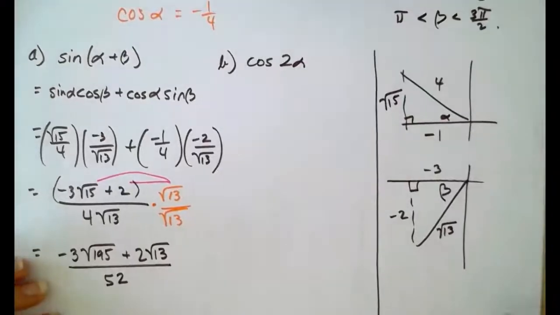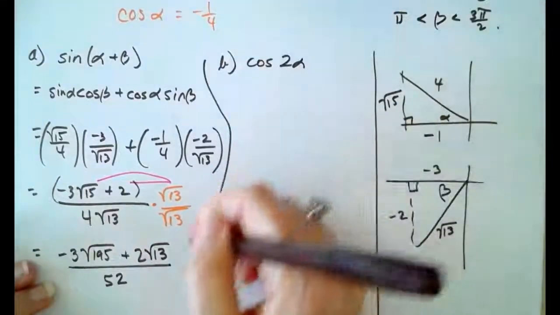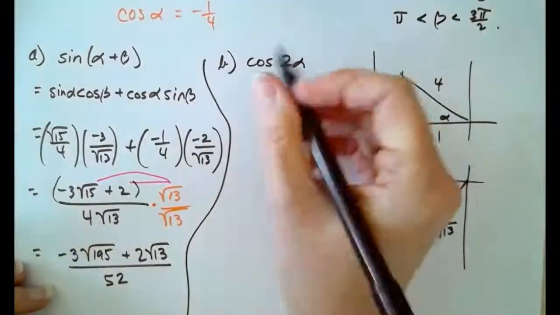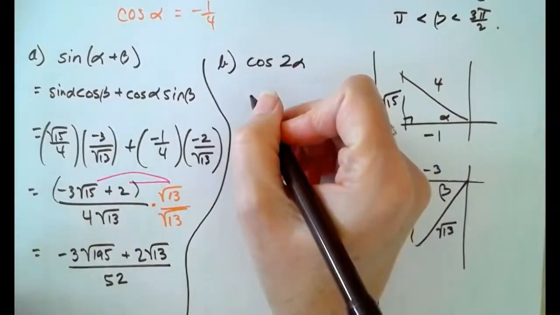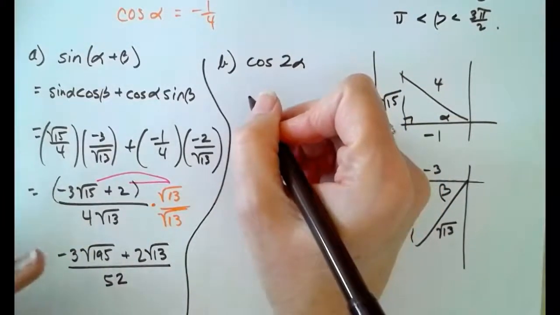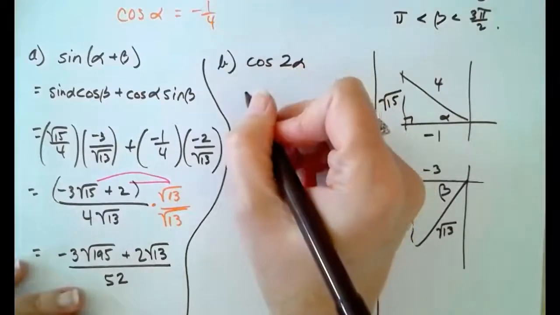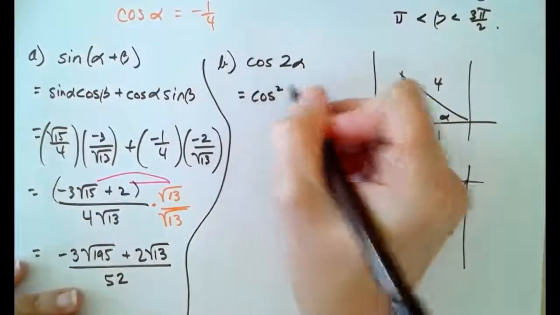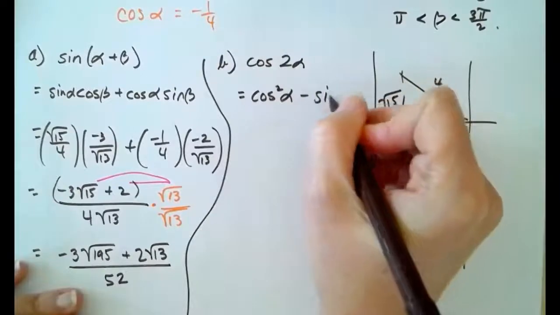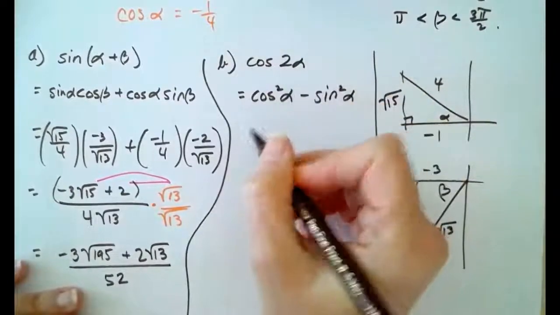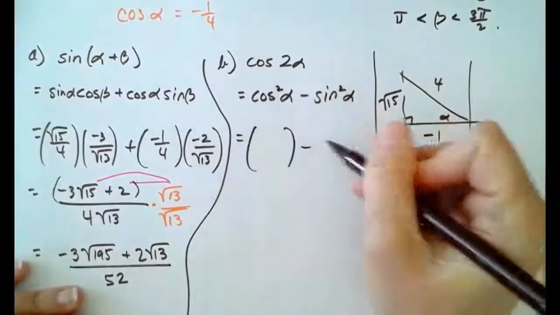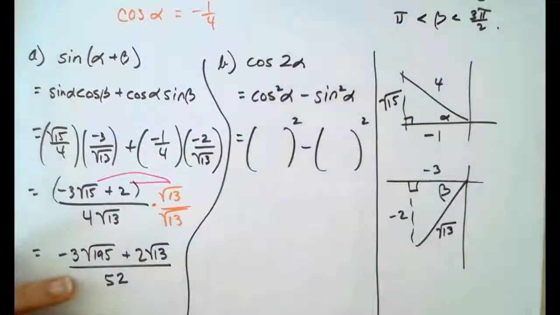Let's go for the cosine of the double angle. The cosine of the double angle has 3 options. Pick your poison. I'm just going for the first one, which is cosine squared alpha minus sine squared alpha. From here, we just need to substitute in the values.